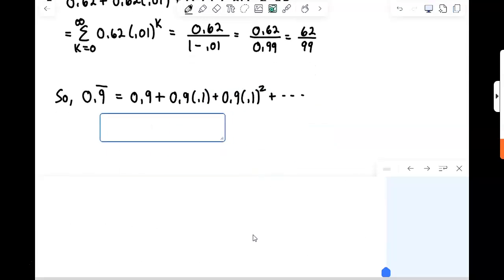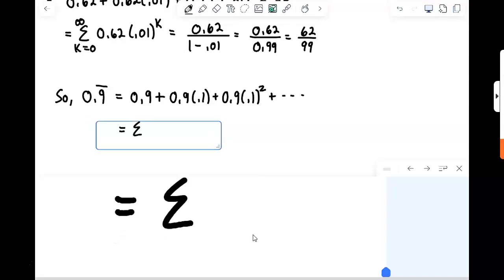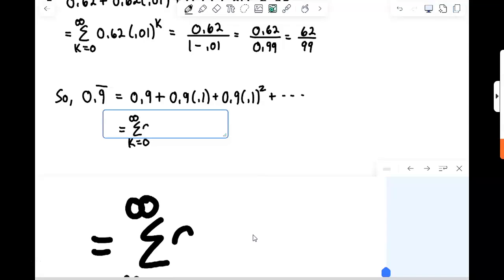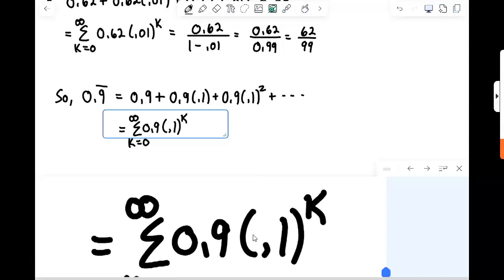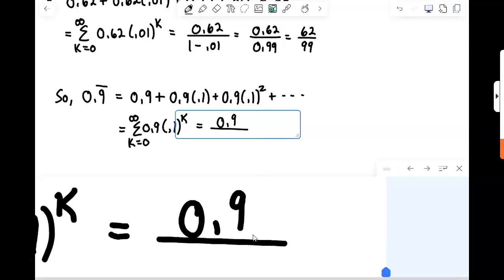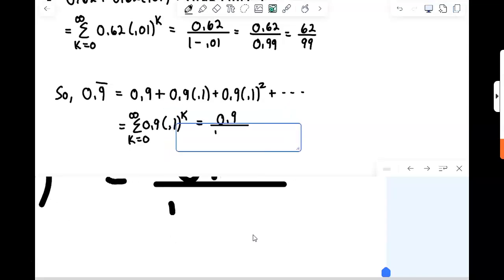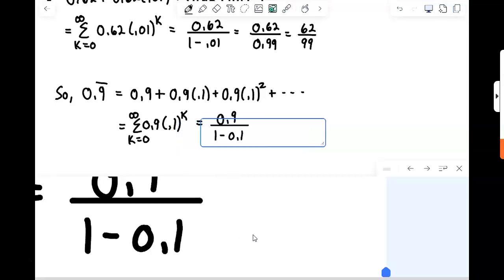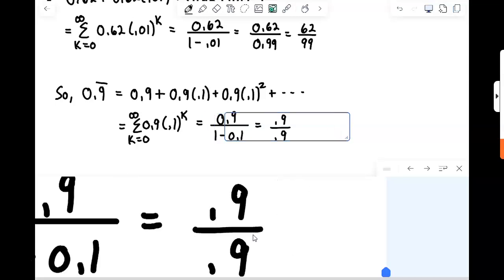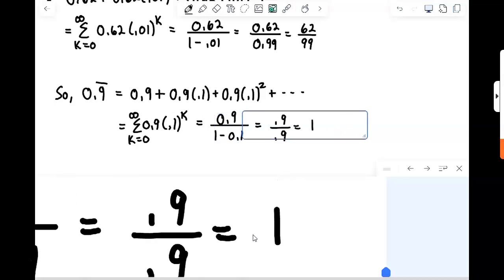So that would be the sum as k goes from 0 to infinity of 0.9 times 0.1 to the k. And then using our formula, we get 0.9 divided by 1 minus 0.1, which would be 0.9 over 0.9, which would be 1.